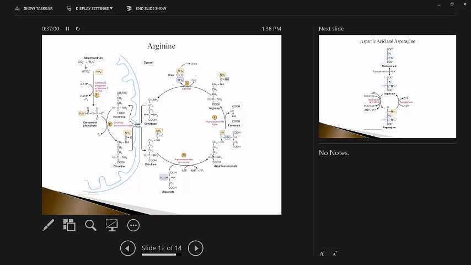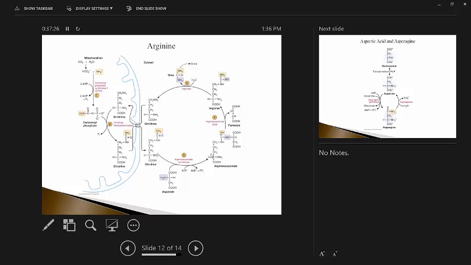Okay. So how do I make arginine? I make arginine going through this whole process, 1, 2, 3, 4, argininosuccinate, and you're going to end up making arginine, okay? Interestingly enough, this is a guanidino group. We're going to see it being transferred from arginine into another molecule when we see a product in the next lecture.